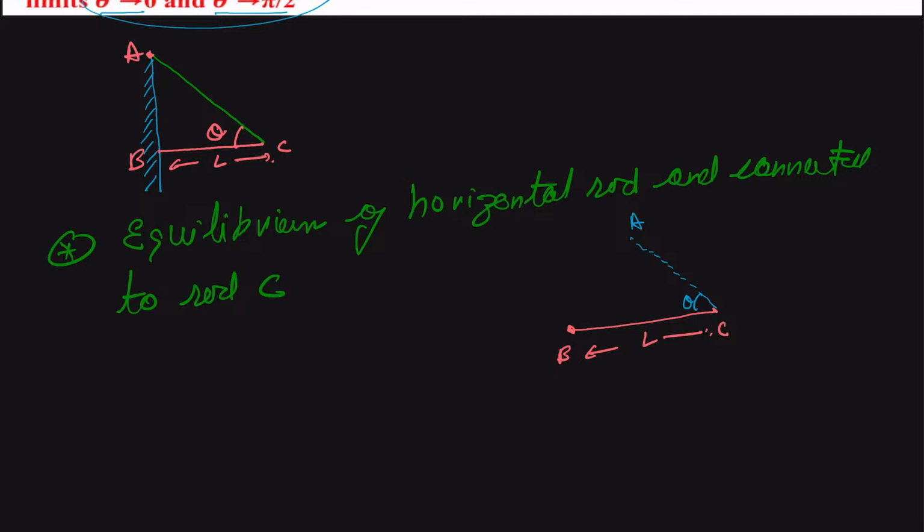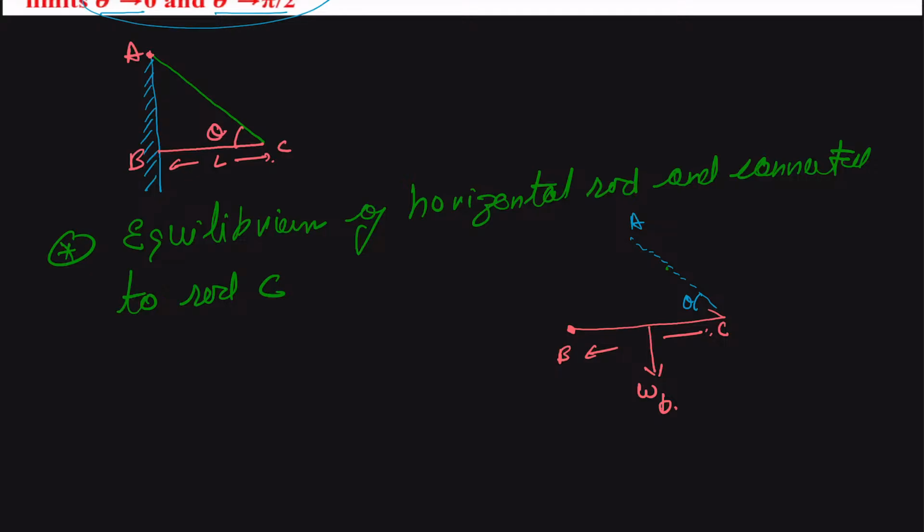So there will be mg of BC in the downward direction. Let us call this weight of B, WB.